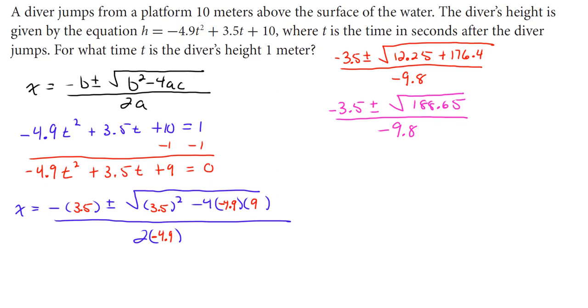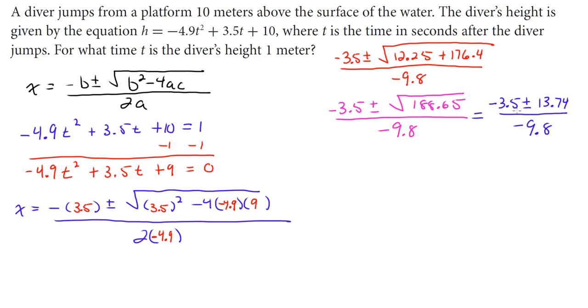And we can go ahead and get the square root of 188.65, which is an irrational number, so we're going to round it to the nearest hundredth. So we have negative 3.5 plus or minus, and the square root of 188.65 rounded to the nearest hundredth is 13.74, and that is over negative 9.8.